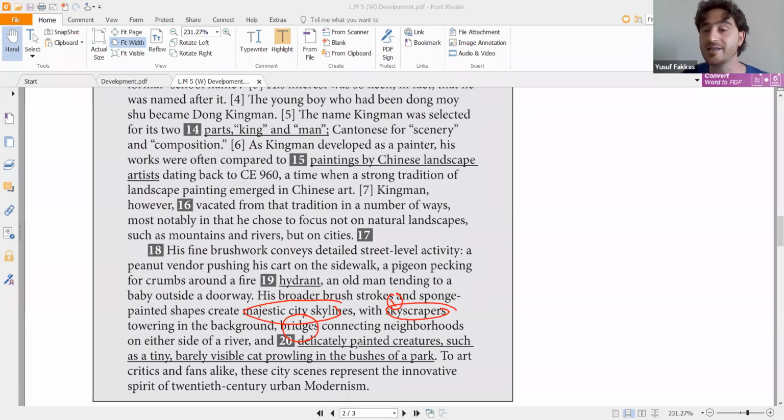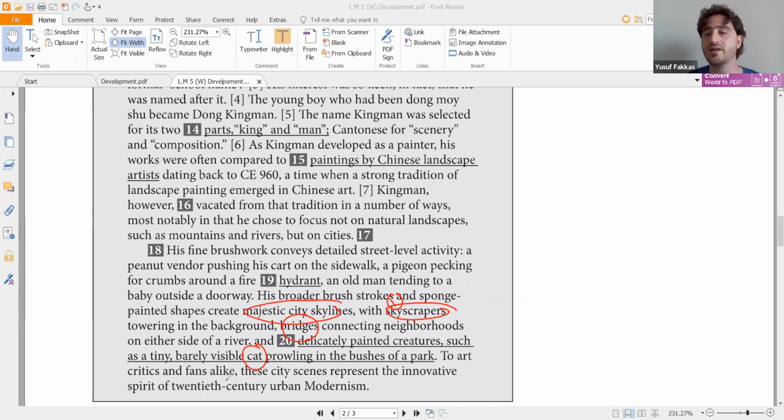The underlined sentence I'm asked about now says, and delicately painted creatures such as a tiny, barely visible cat prowling in the bushes of a park. My question to you now, guys, does the example of a cat here work with the other two examples of skyscrapers and bridges? No, it doesn't.